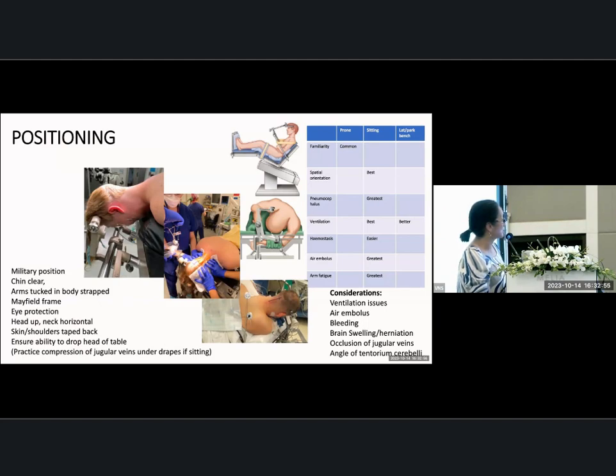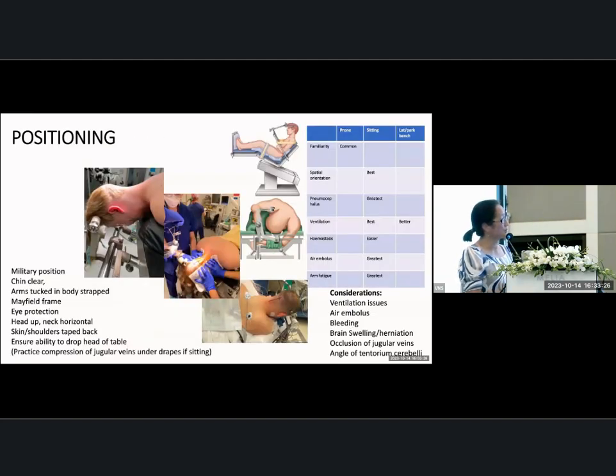Skin, obviously, and shoulders are taped back out of the way for good, clear incision, and also so that everyone knows that there might be a need to drop the table if there's a risk of an air embolism with breach of the sinus. And also, if you're doing a sitting position, to practice maybe compression of the jugular veins with the surrounding staff.